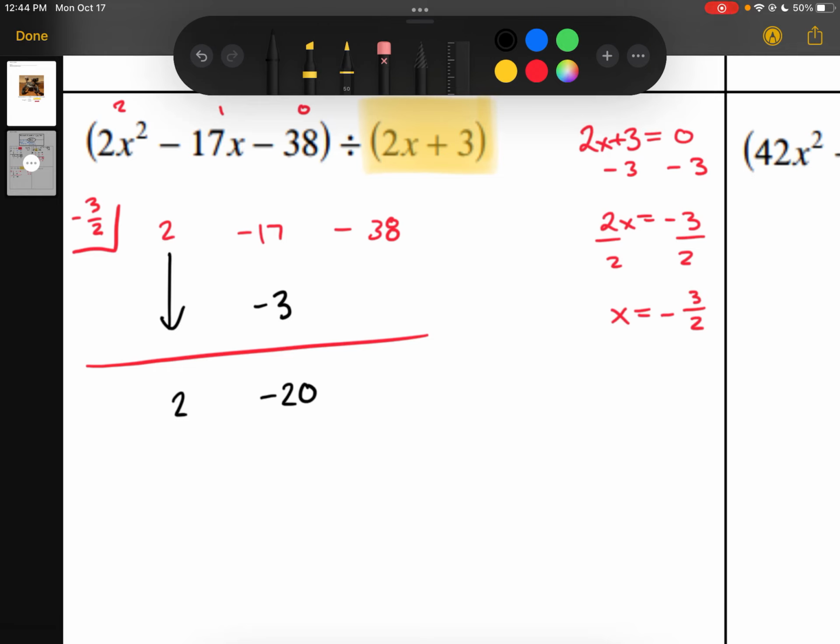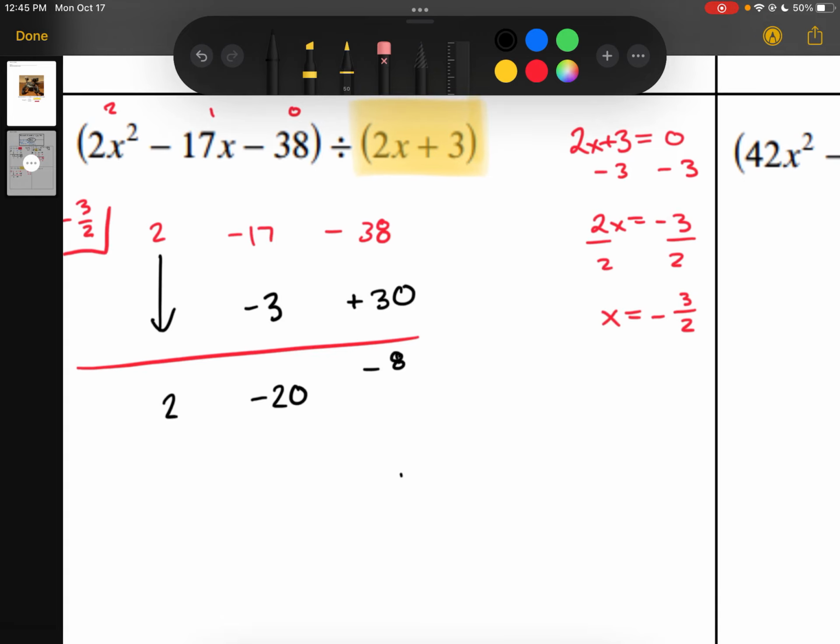Again, this is a good place to use a calculator, especially when these numbers get a touch bigger, but that should get us +30, because the 2 negatives cancel to get us a positive number. So -20 times -1.5 gets us +30. And then lastly, -38 plus 30 together get us -8. So this -8 is our remainder.